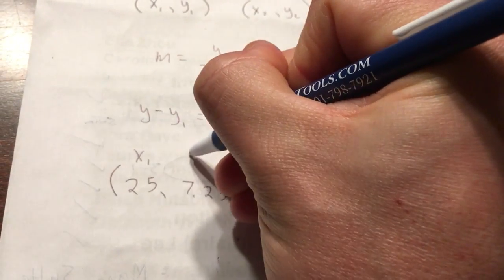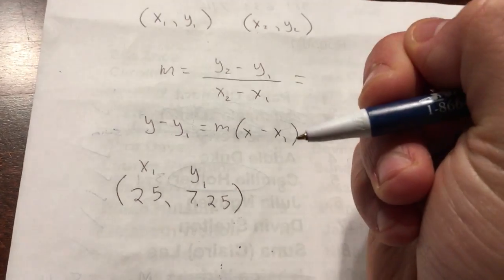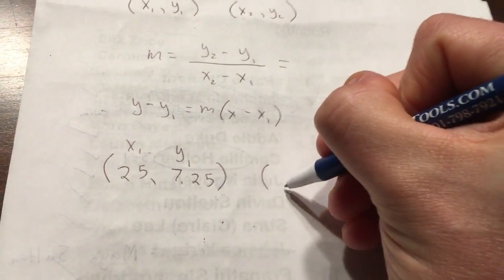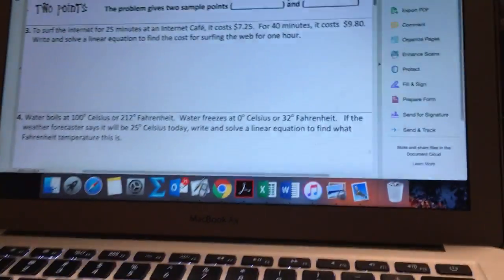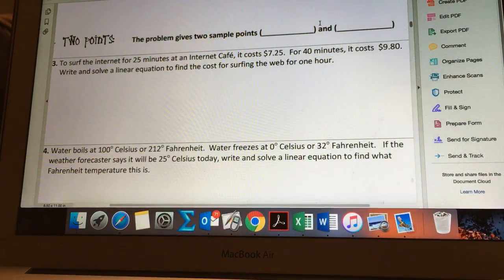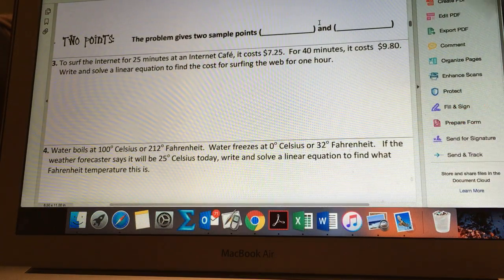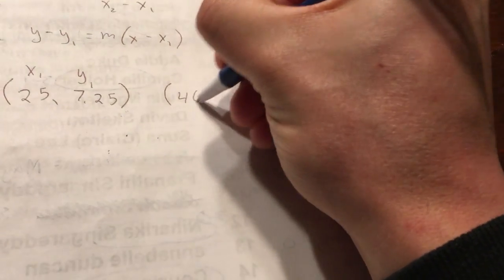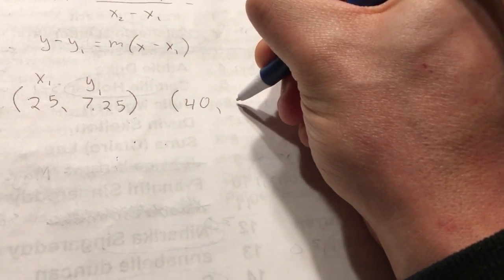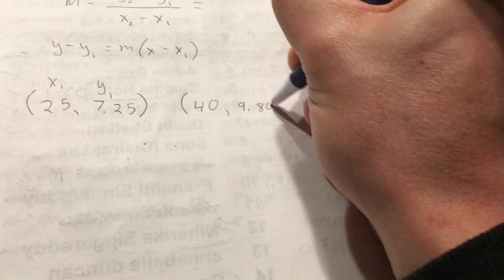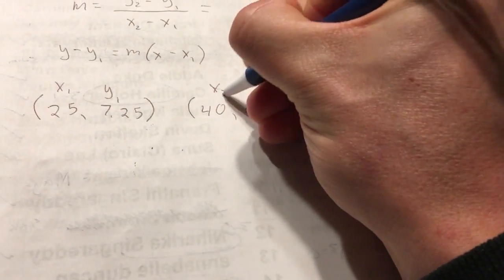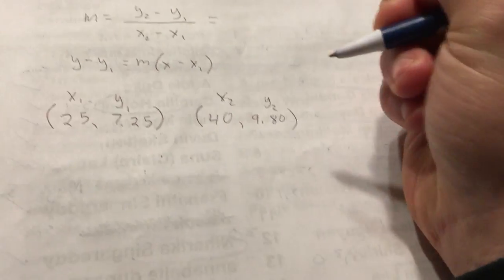Then our next point: for 40 minutes we have $9.80. So our x2, y2 is 40, $9.80.